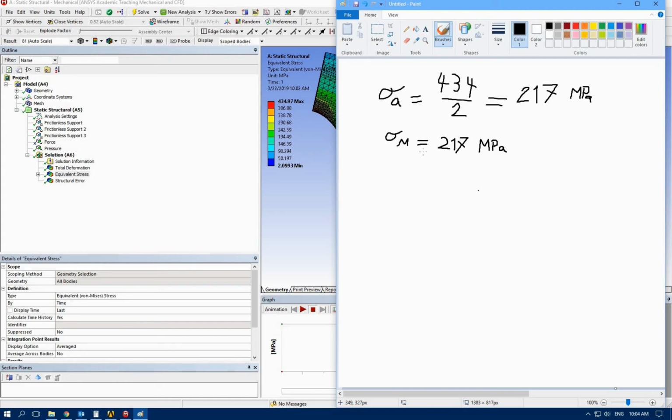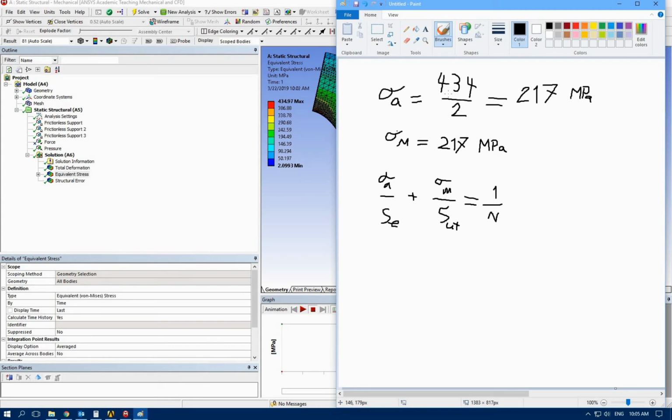Now I need to put them inside the Goodman line formula. Remember, it was sigma A divided by SE plus sigma M divided by ultimate stress, which is equal to 1 over n.